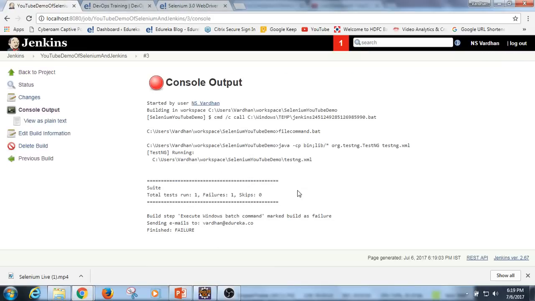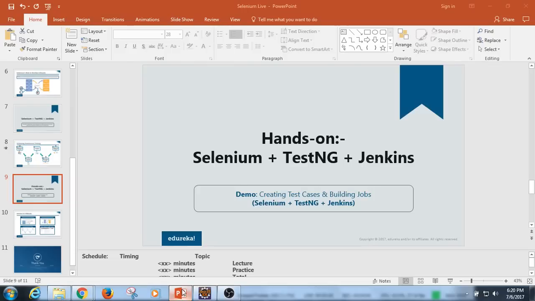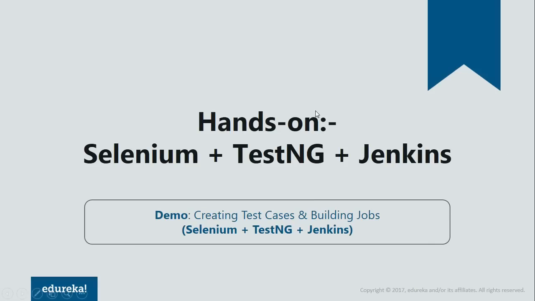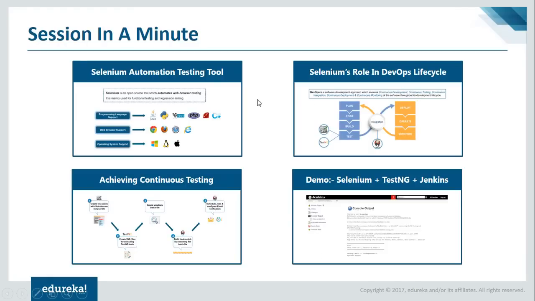So that also brings an end to my session here. Let me quickly go back to my slides and summarize whatever I covered today. The first topic I spoke about was what Selenium is and its relevance among automation testing tools: how relevant and how popular is it?